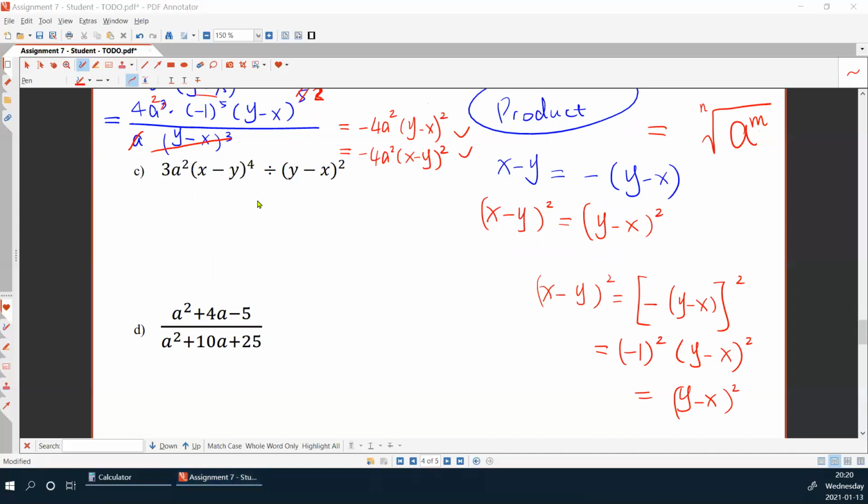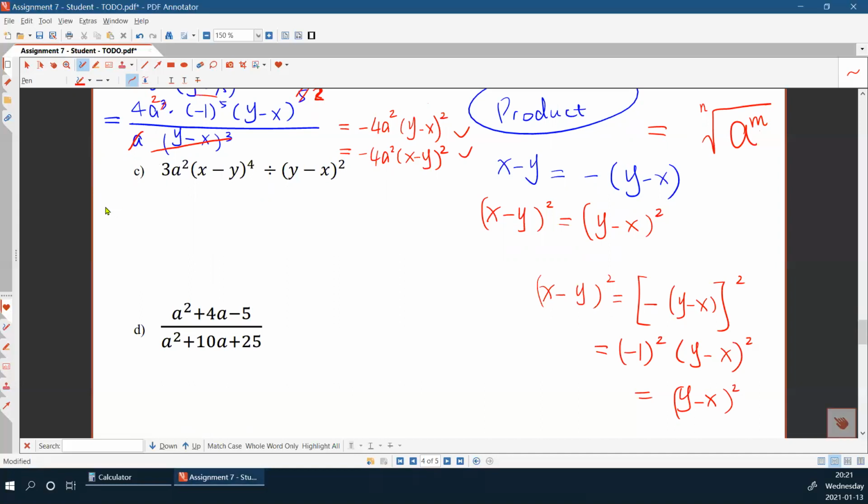Okay, if no questions, let's see the next one. First term divided by something. Both of them are in a factored form already, right? So now let's see what we can do.